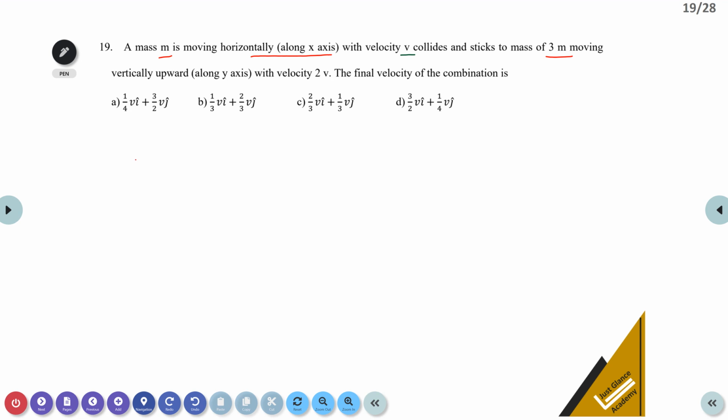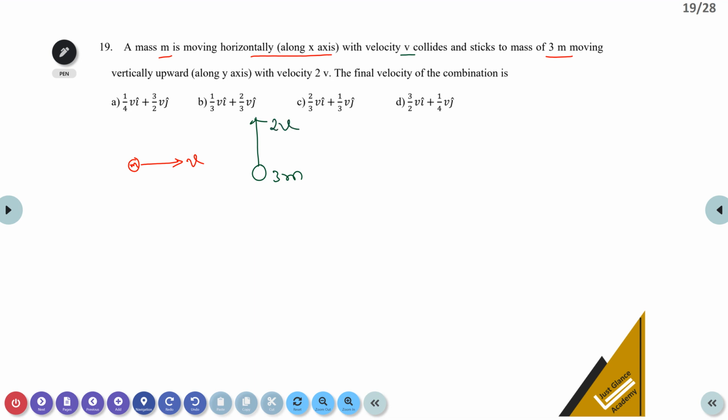First, this is the mass m, moving with velocity v along the horizontal direction. Another mass, 3m, is moving along the y direction with velocity 2v.